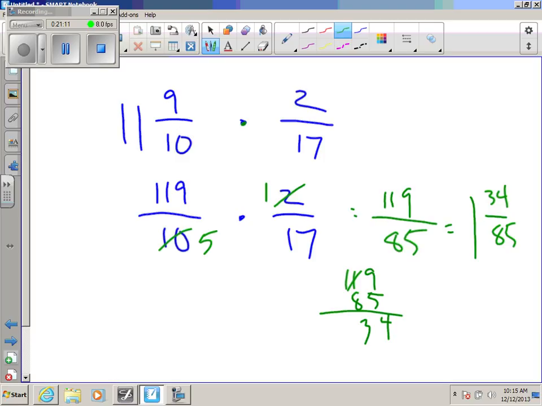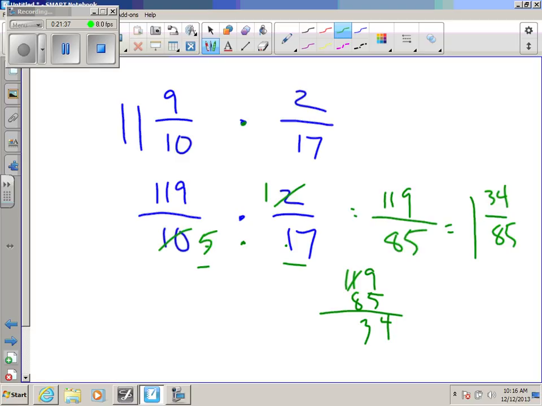It's easy to say no. Okay, what was this? 5 times 17 gave us the 85, right? So I know it's divisible by two things, 5 and 17, at least. How about 34?